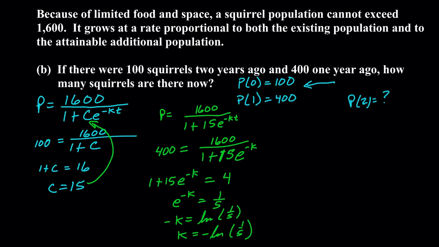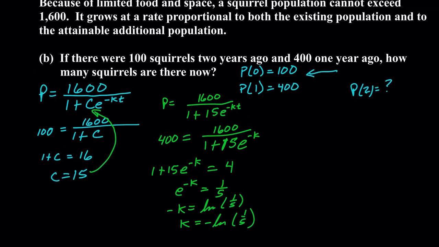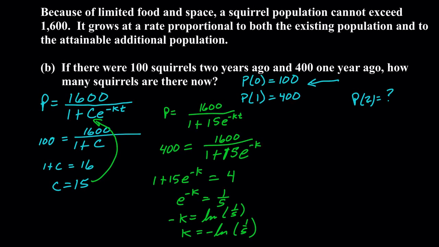All right, so we can now substitute this value back into k, and that's going to give us our final equation here of 1,600 divided by 1 plus 15 e raised to the natural log of 1/5 t.